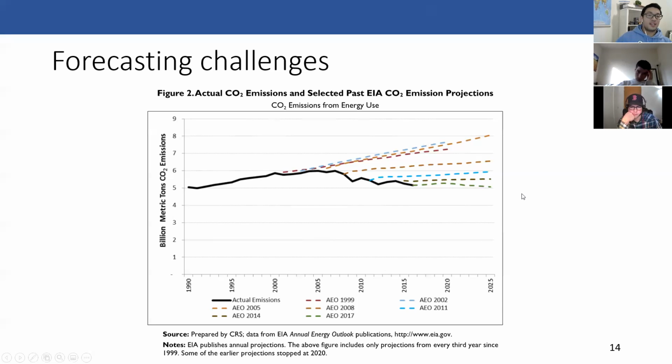And one of the things that the AEO does is it provides forecasts of what it expects future outcomes are going to be for a whole host of things. In this case, they're providing annual projections for emissions.